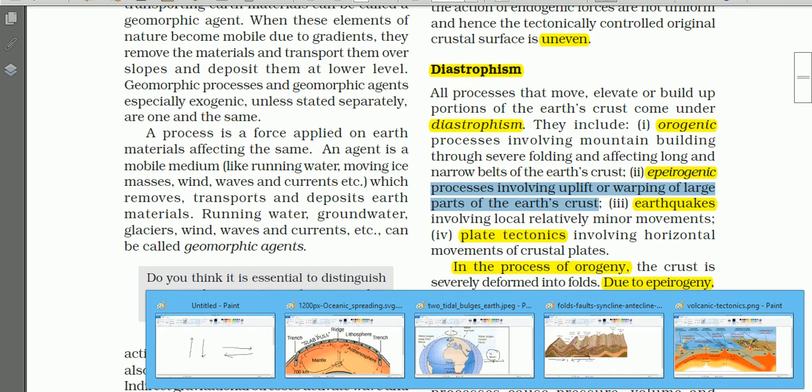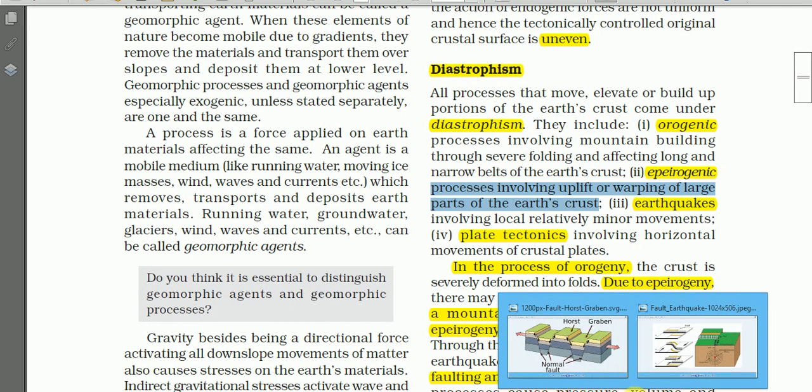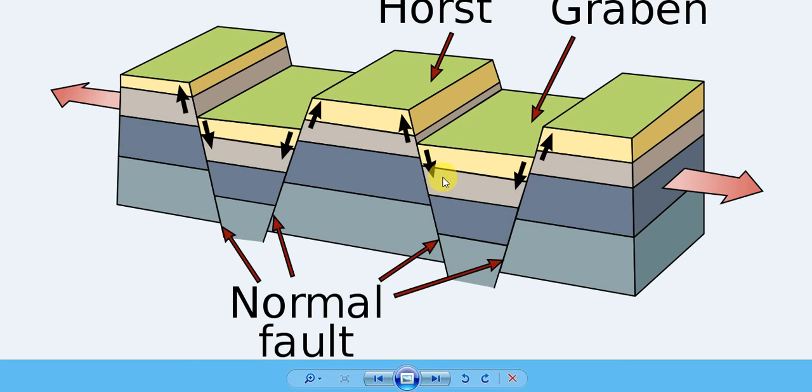Just see here, this one is related with the epirogenic movement. See, vertical movement is there because of the upward or downward movement. This portion has subsided. This is called a faulting process, which you have learned earlier, thus forming a rift valley.